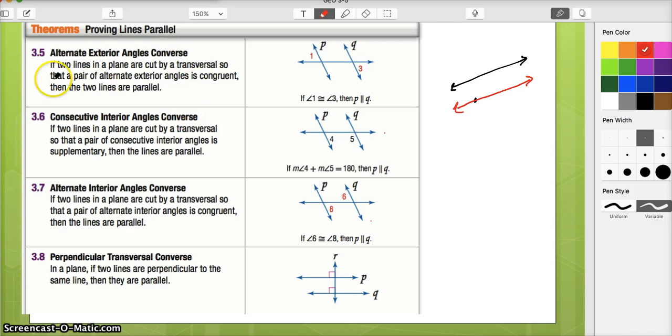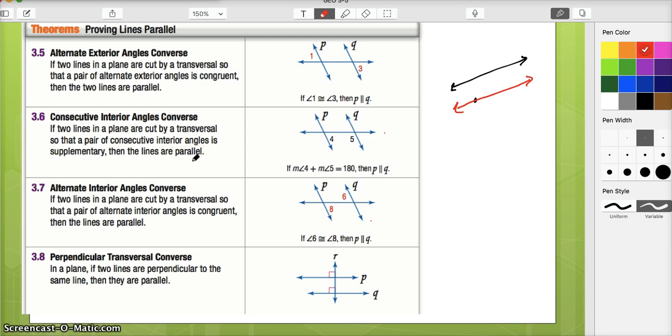Realize that in each of these, we're going to start off not with parallel lines, but with lines cut by a transversal. In this case, the alternate exterior angles are going to be congruent. That's going to imply parallel lines. Here we have two random lines cut by a transversal, and then we're going to see that the consecutive interior angles are supplementary. If that's true, then we've got parallel lines.